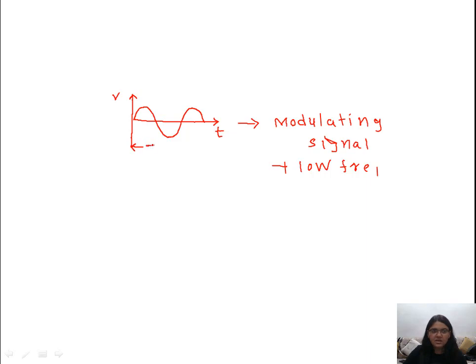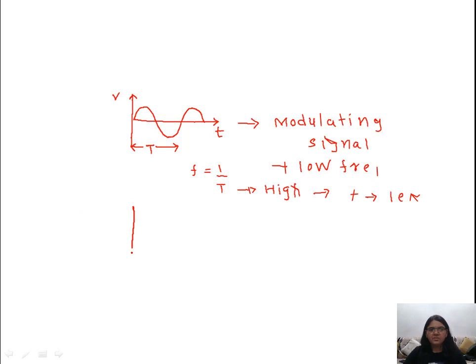My one cycle duration is T, and F is equal to 1 upon T. So if the T value is high, then my frequency value is less. So you can say that it's a low frequency wave.